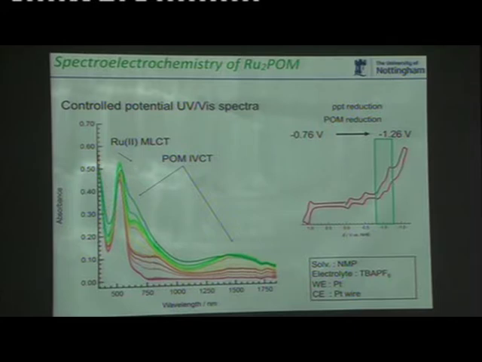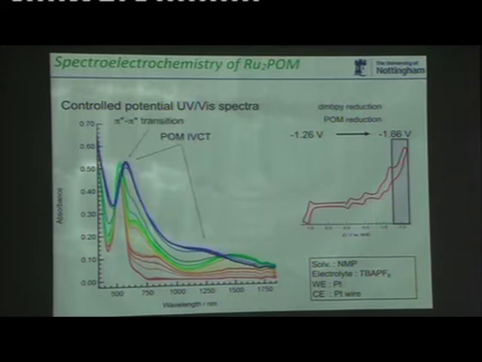We have the shift again in the POM IVCT. And again, a little shift in the POM and some more shift around the ruthenium. So we were already very happy with this, because this was giving us our stable, electrochemically essentially reversible platform to look for some nice chemistries.